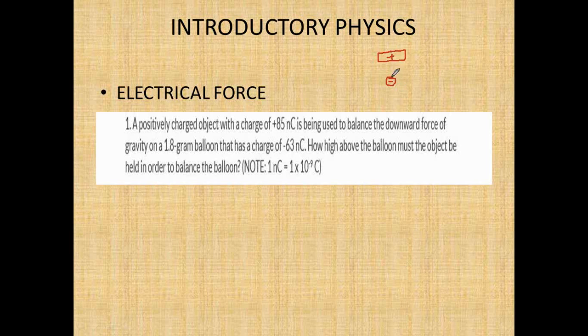So there's going to be an electrical force pulling this negative balloon upwards. Let's draw this. This electrical force, this object is pulling the balloon towards it. Let's call that the electrical force. But the balloon also has a weight, which is pulling the balloon downwards.